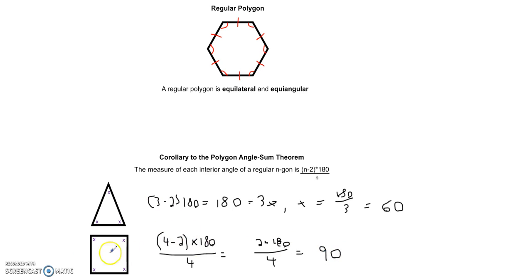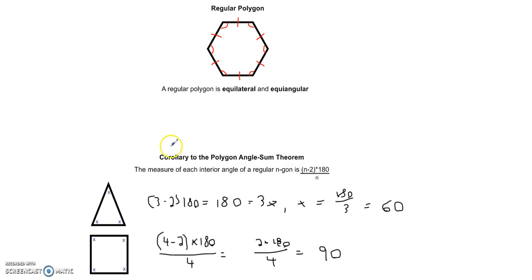So putting in n for this equation, we get that each angle of this square is 90 degrees, which makes sense, right? A perfect square is made up of 4 right angles. So this further proves our point that this equation works.